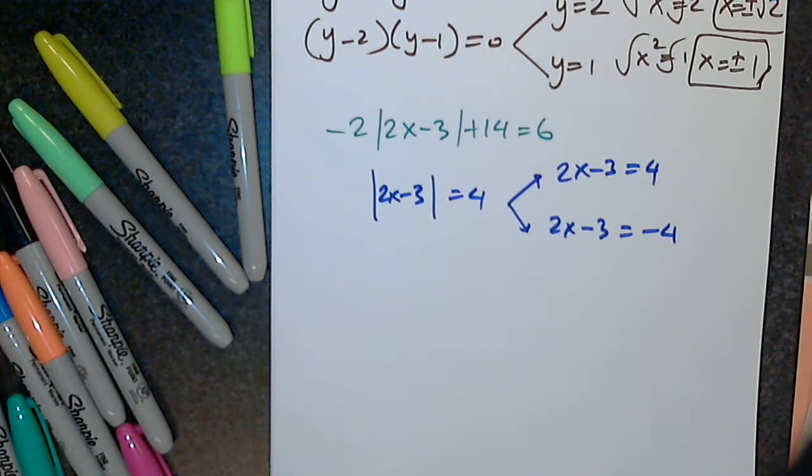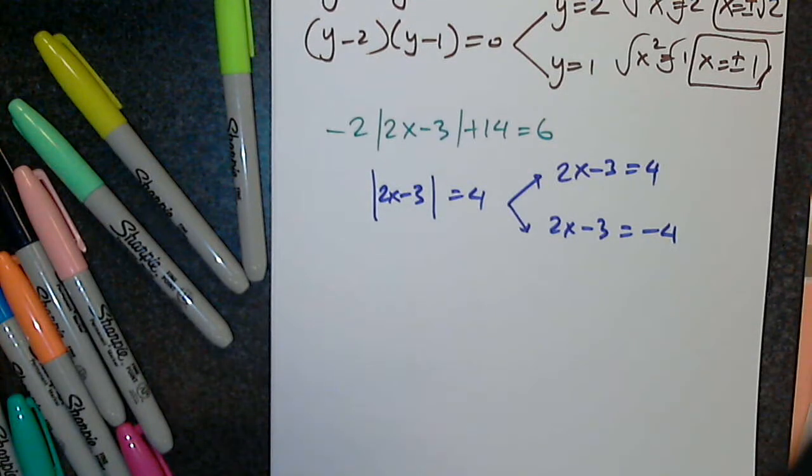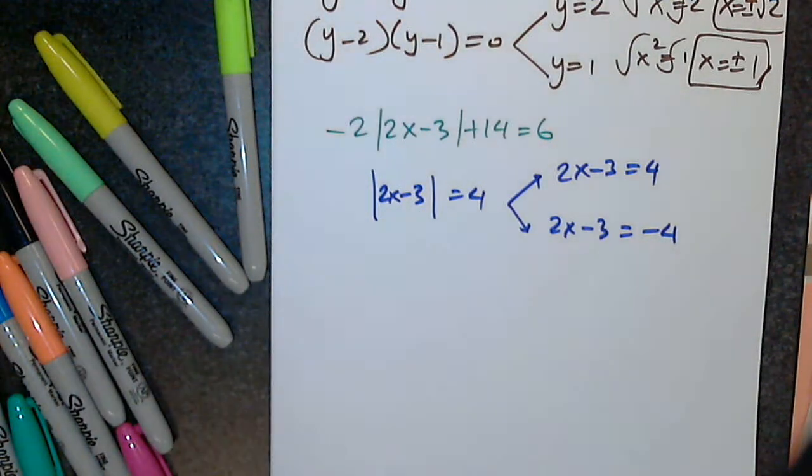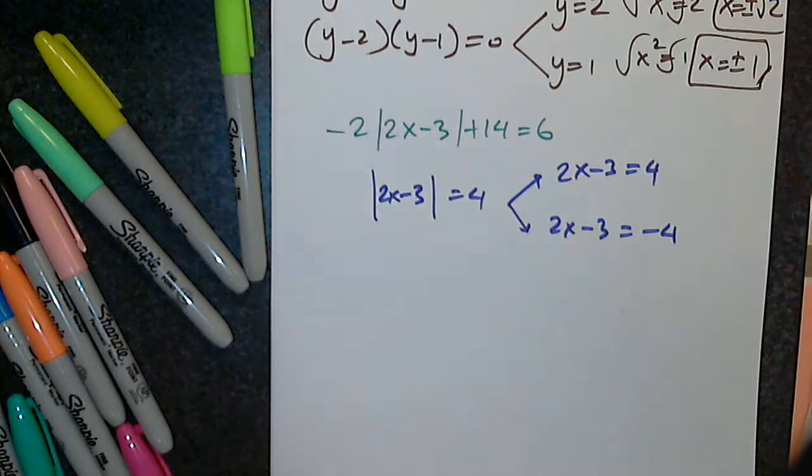Yes, Joey? You could also do 2x minus 3 equals 4, or -2x plus 3 equals 4. Would that also be right? Because I got the same answer. Say it again. 2x minus 3 equals 4, or negative parentheses equals 4, or equals -4. I did the reverse signs on what was in the parentheses. Right, it's the same thing. But I think the logic, which is okay, whatever works, every brain is different.